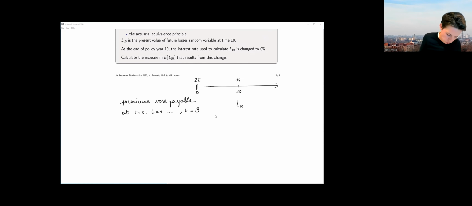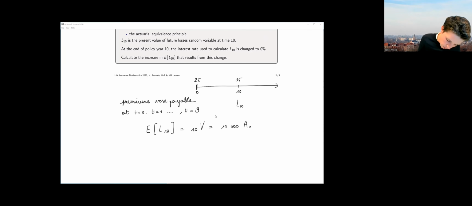So if you put yourself at time 10 and you look at the expected value of this L10, which we call the policy value at time 10, then what do I have to worry about? I have to look at the expected present value at time 10 of offering this whole life insurance product with a benefit of 10,000.